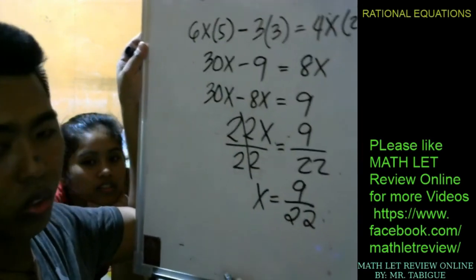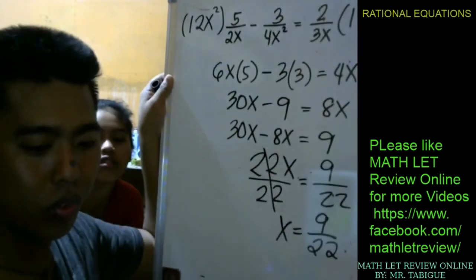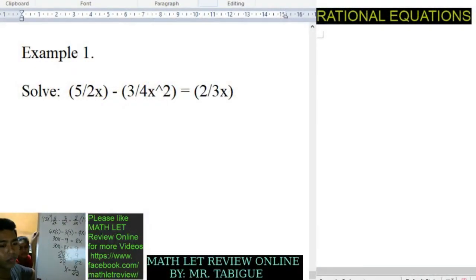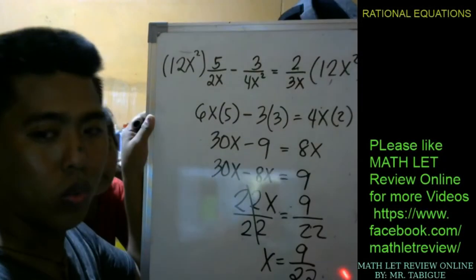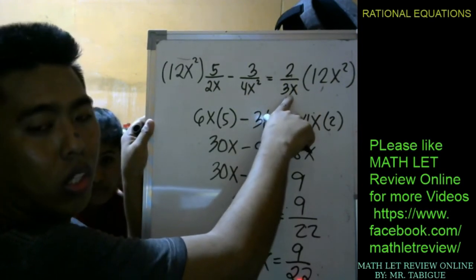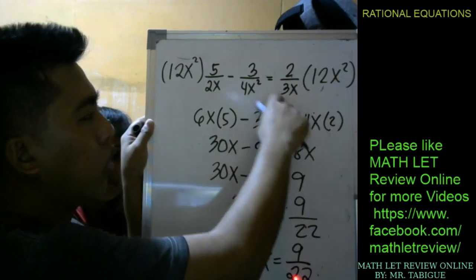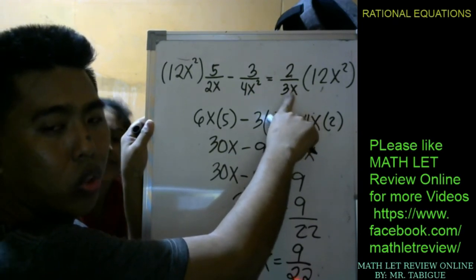Okay? So, let's go to the original equation. Tanawa ni, original equation, 2 over 3x. Let's imagine nga mahimo ning 0 atong denominator. So therefore, kining x should be 0, di ba?